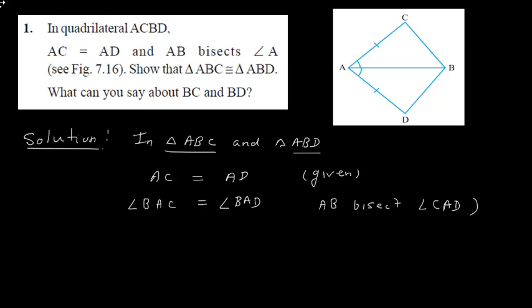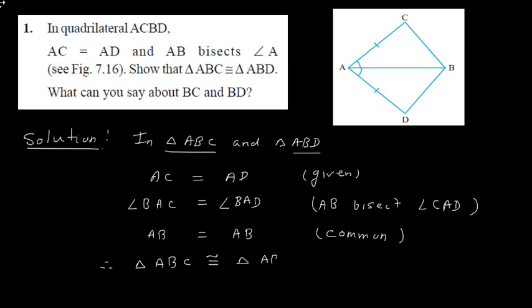This much is enough. And third, side AB of this triangle is equal to AB of the other triangle. The reason is that AB is the common side. Therefore triangle ABC is congruent to triangle ABD.